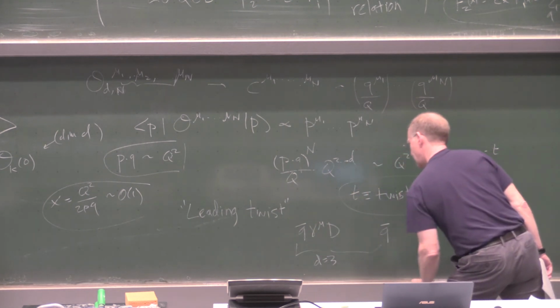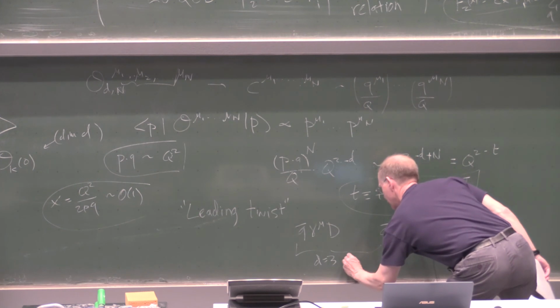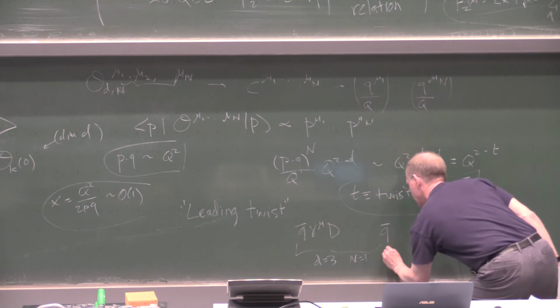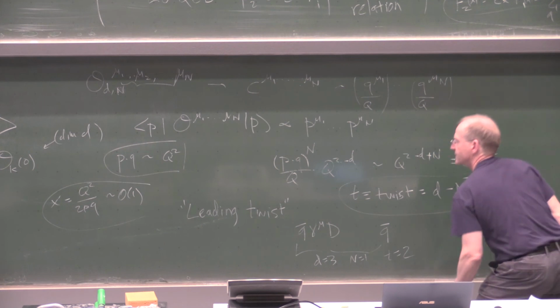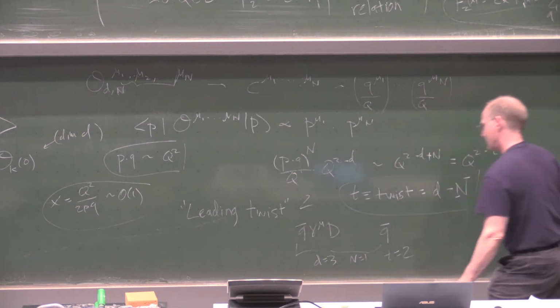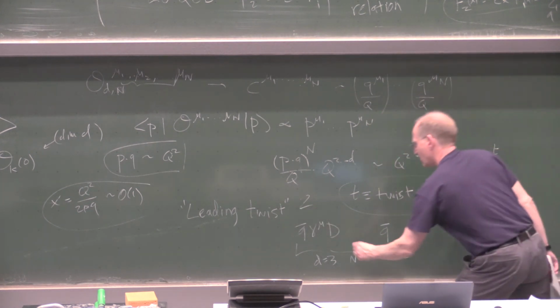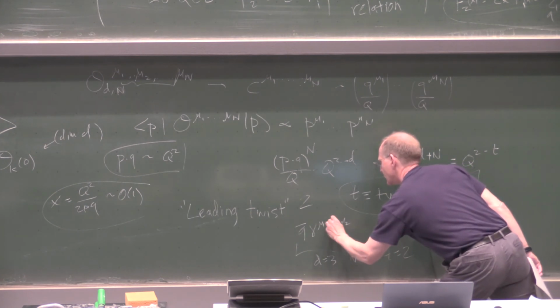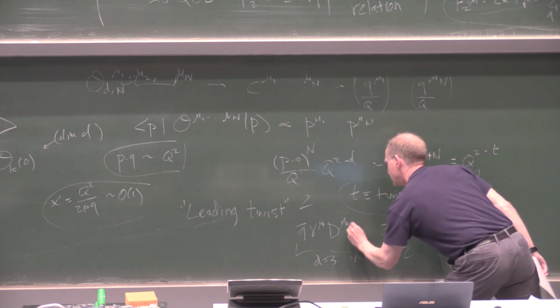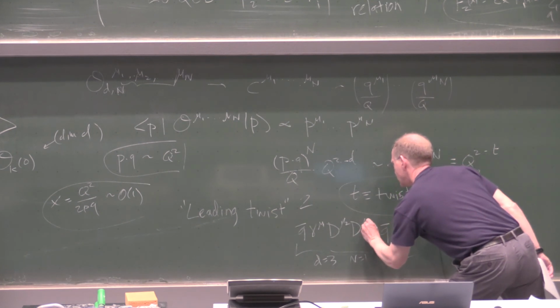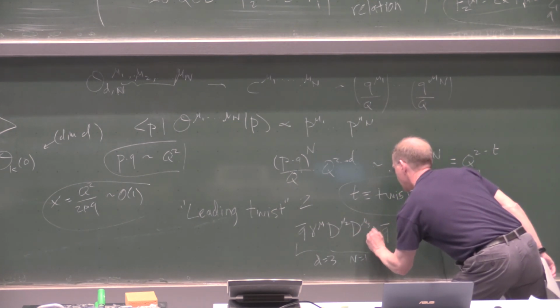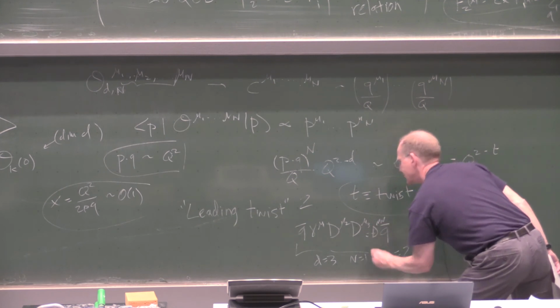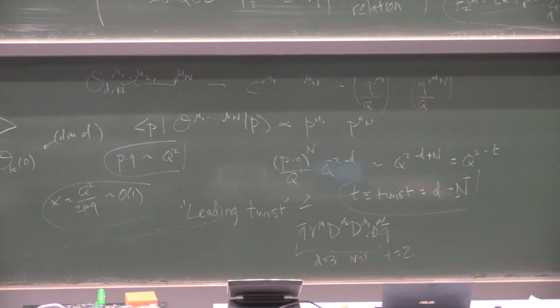But this gamma mu index would make it spin 1. And so the twist would be 2. So the leading twist is 2. But you can also insert additional covariant derivatives here, d mu 2, d mu 3, etc., up to d mu n. So there's an infinite sequence of these leading twist operators.